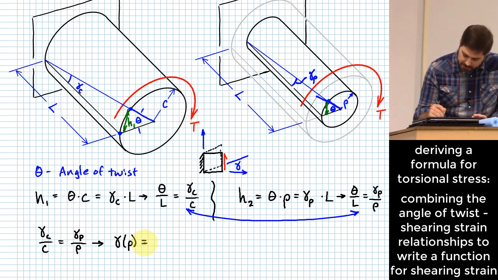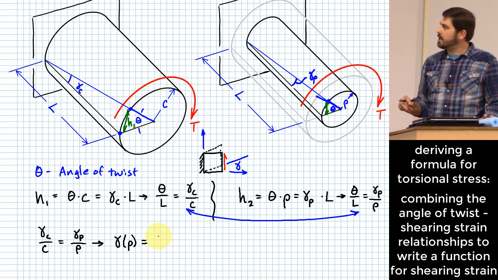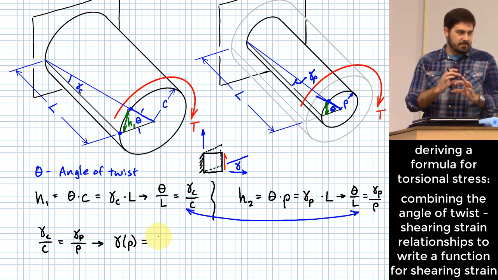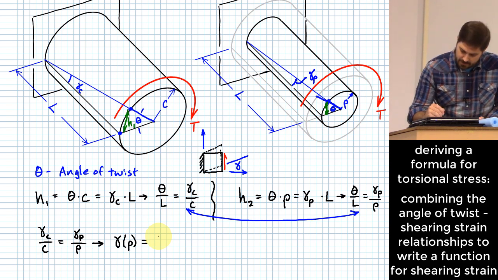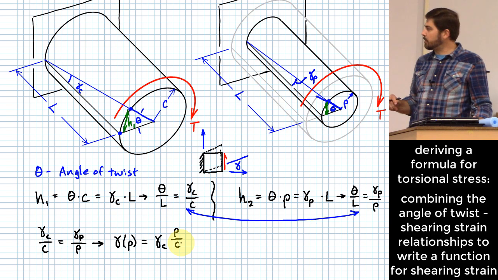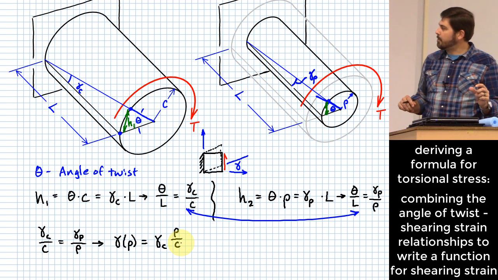So on the other side, I'm going to have gamma sub C. Now, let me also think about maybe a different notation for gamma sub C. Is there any other material in this part that has a larger shearing strain than on the outer surface? Okay. So I'll write it like this at first, gamma sub C, times rho over C. And rho can vary from 0 to C. So what's my maximum gamma?